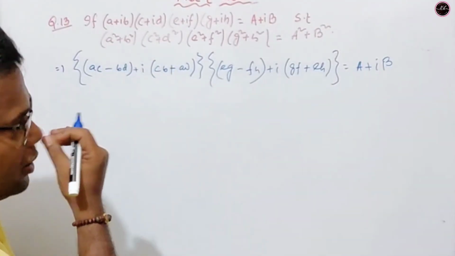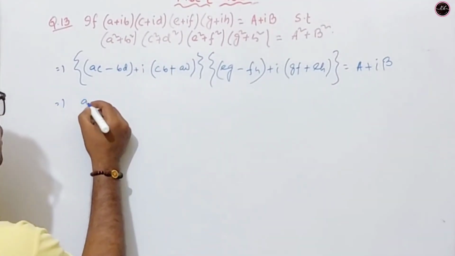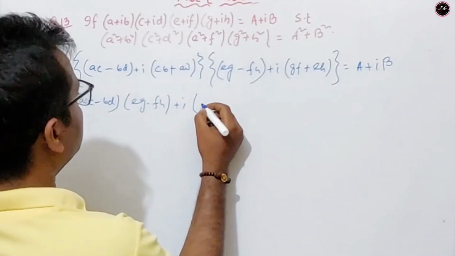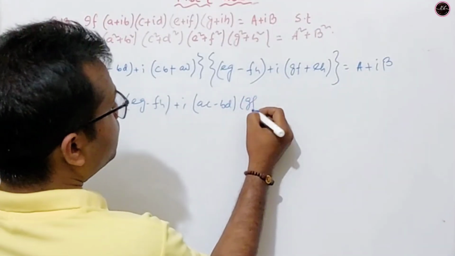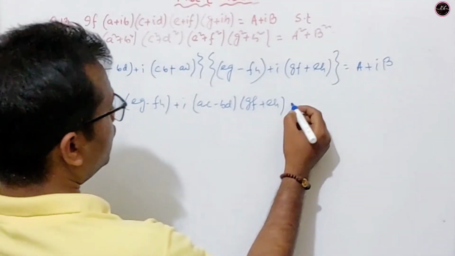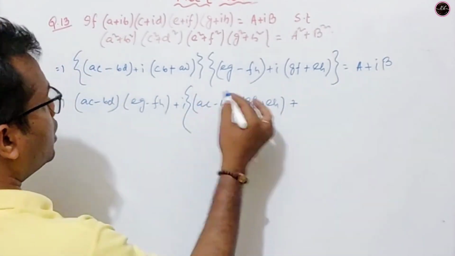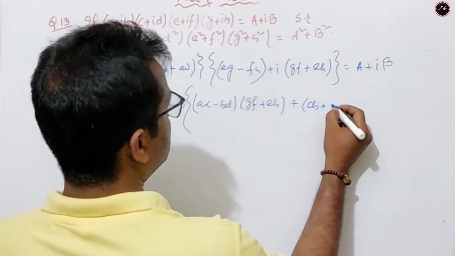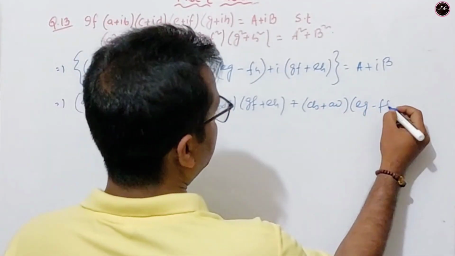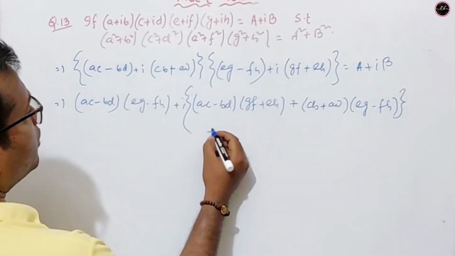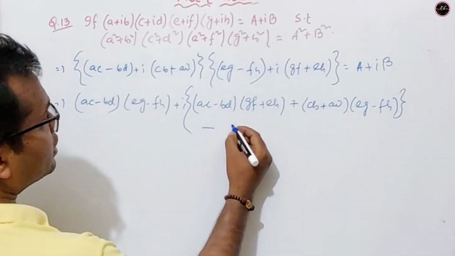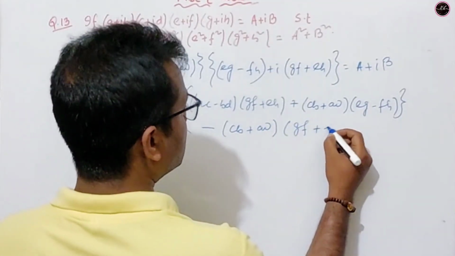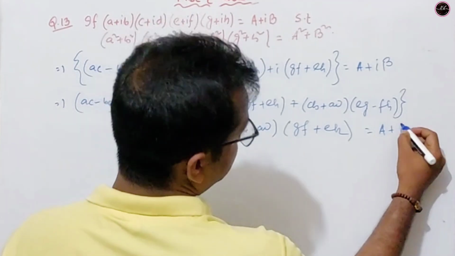Now just multiply these two, we get (AC minus BD) into (EG minus FH), plus i of (AC minus BD)(GF plus EH), plus, now mixing the two, we get (CB plus AD) into (EG minus FH). This is the part of i, plus this will be minus, that means i square, (CB plus AD)(GF plus EH), equal to a plus ib.